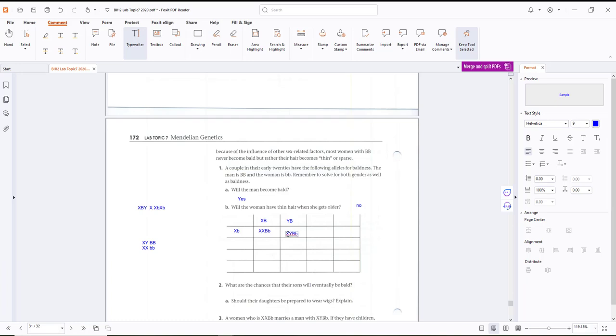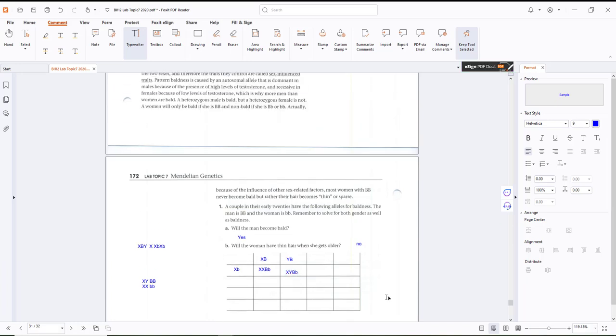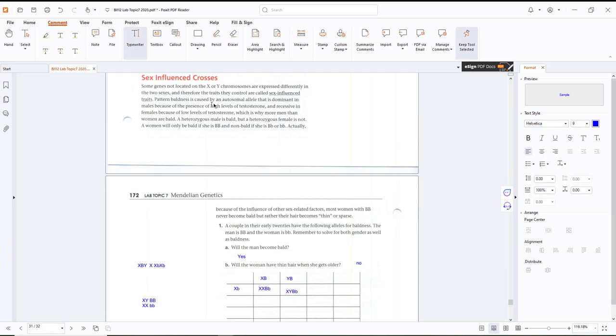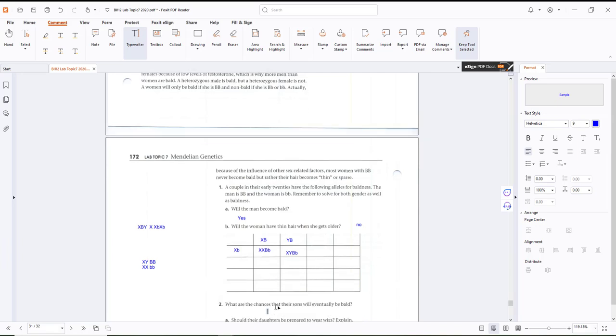All right, so what are the chances that their sons will eventually be bald? Okay, so pattern baldness is caused by an autosomal allele that is dominant in males because of their presence. So it looks like he's going to be bald, right? So about 100% chance because he's got the dominant allele.